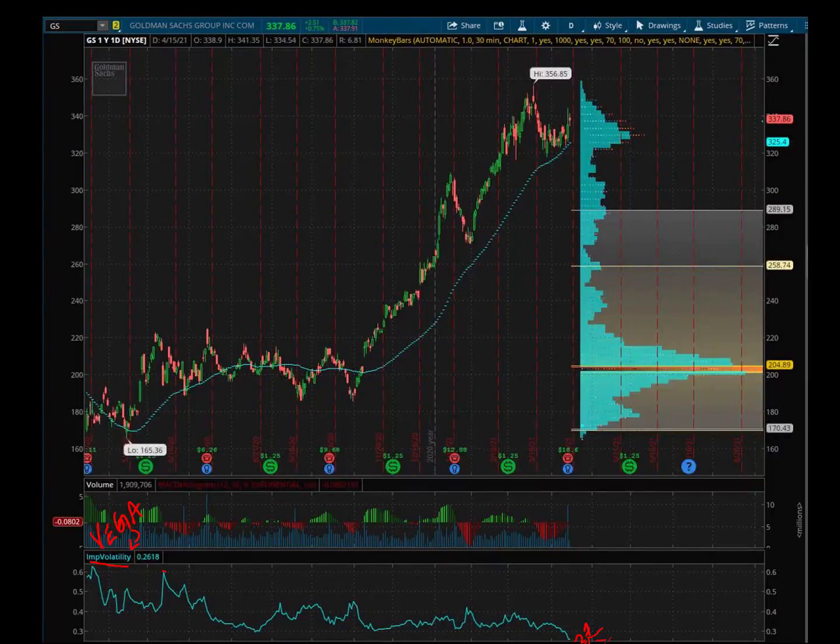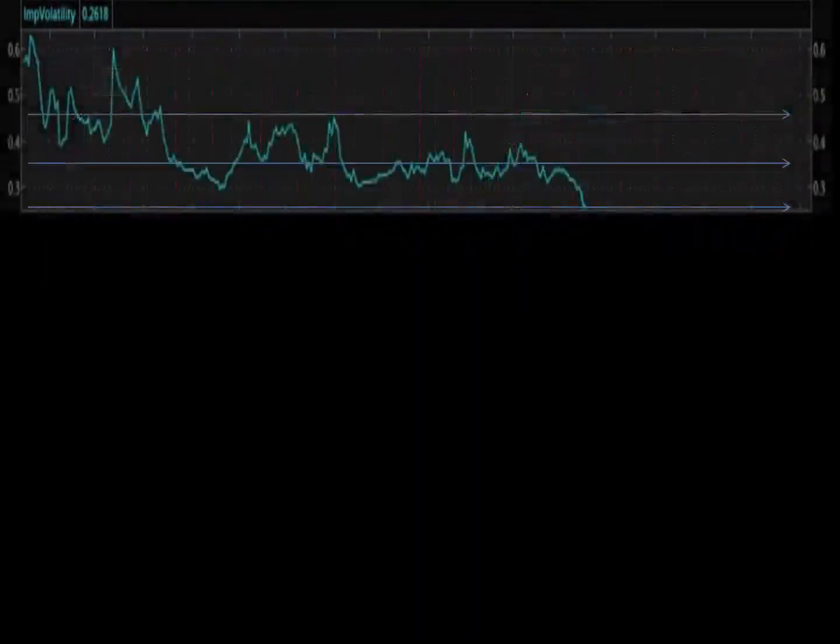Now, I like to eyeball, and I can look at that and say, well, that is about as cheap as premiums are going to get when it's at that low. So we can come over here though, and I've talked about this before. I like to discount all of this pandemic kind of volatility. That was a rare occasion. It's not going to happen again for probably another 10, 15, 20 years.